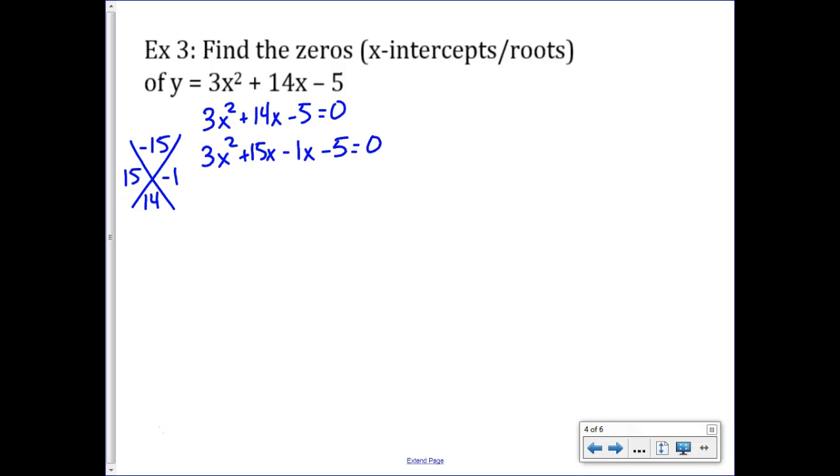Of those first two, I can take out a 3x, and I have x plus 5 left over. In the second two, I need to pull that negative out, but there's nothing else I can take out. So I'm going to take out a 1, and I have x plus 5 left over. So then I have 3x minus 1, and I have x plus 5.